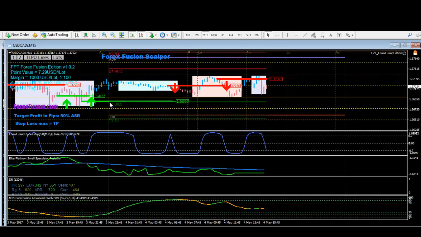The cycle timer will draw an arrow and a related support line when it detects a cyclical turn while we are in oversold status. And vice versa. When it detects we're in overbought status and it detects a cyclical turn, you'll see an entry arrow and a resistance line.